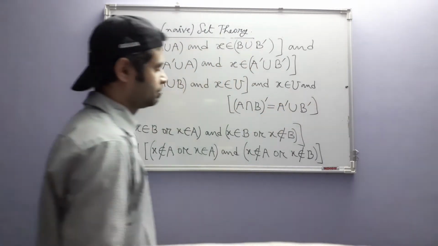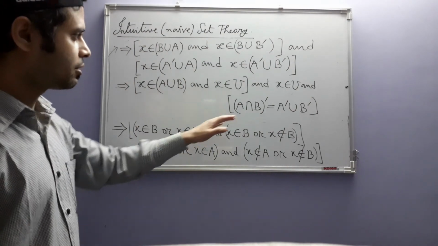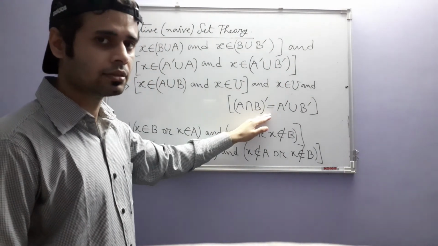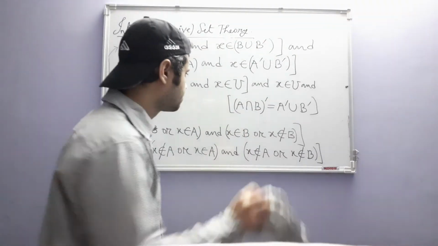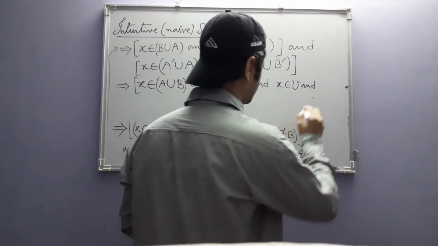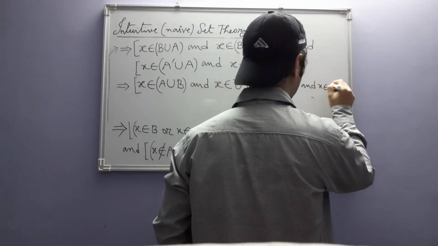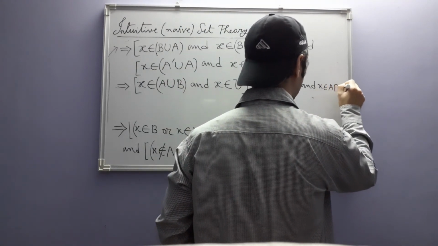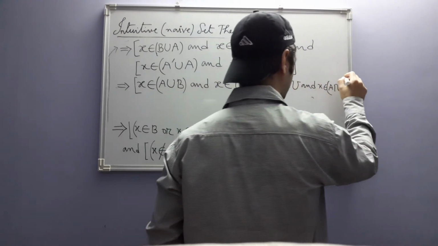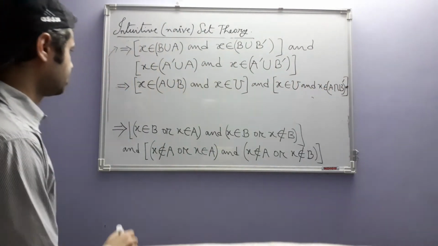This law. So in place of A complement union B complement, we can write this A intersection B complement. And that we do now. And X belongs to A intersection B complement. So this is the other part.